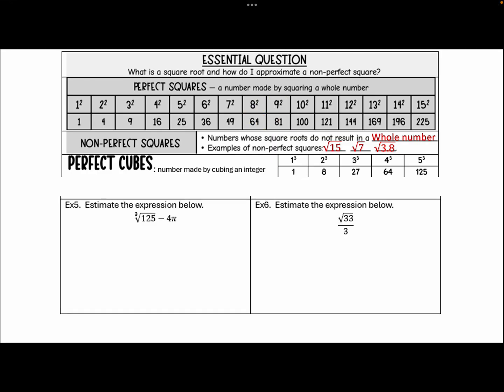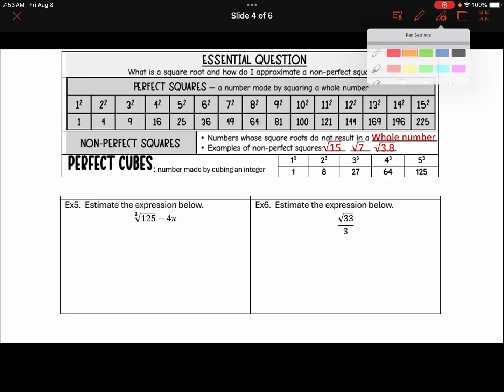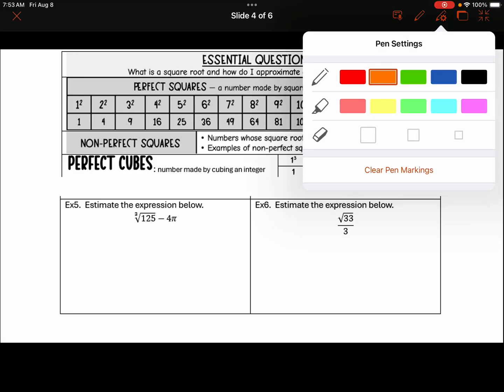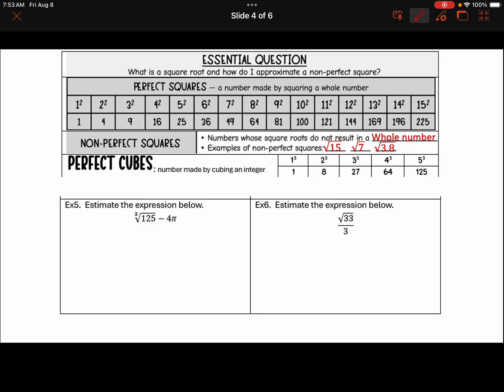Okay, so now we're going to be estimating some expressions. These are going to involve rational and irrational numbers. The cube root of 125, well, I see right here, that's 5 cubed. So the cube root would just be 5, minus 4 times, and it says to estimate. So even though pi is this really long number, I can estimate it as 3.14, or I can even estimate it as 3.